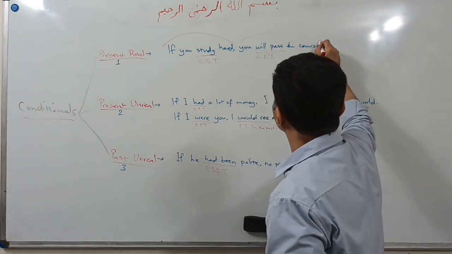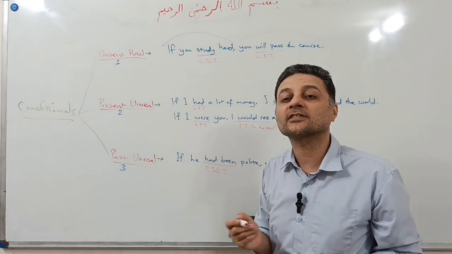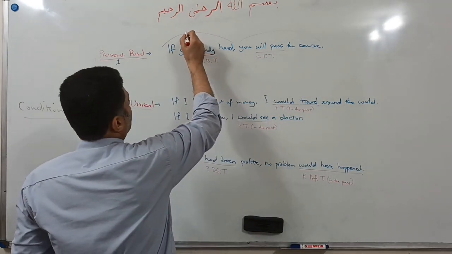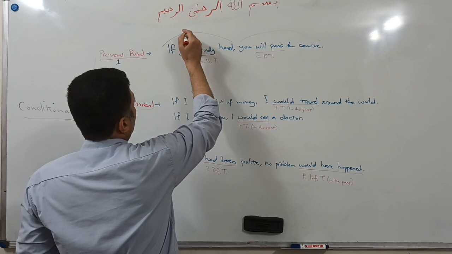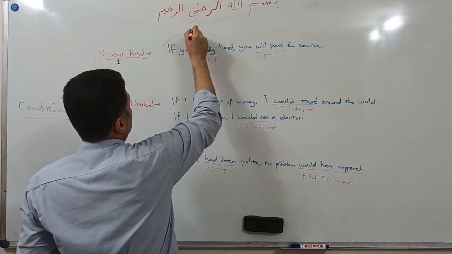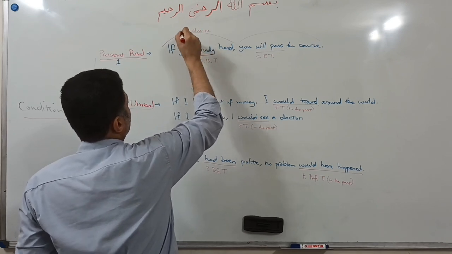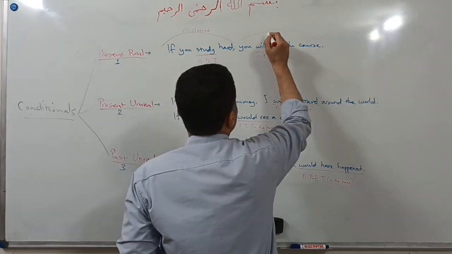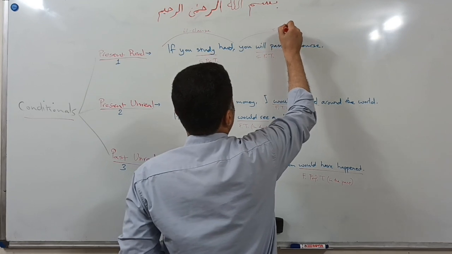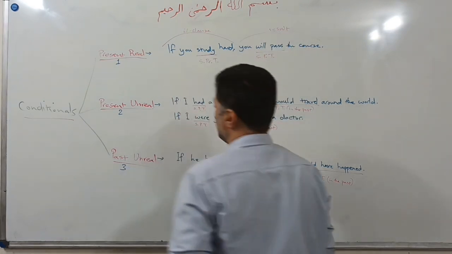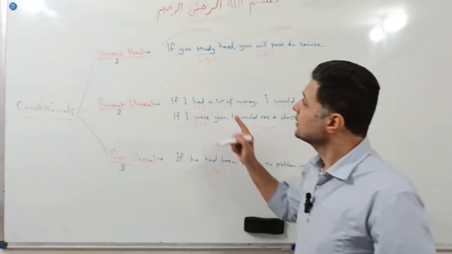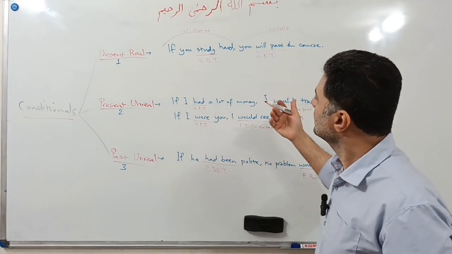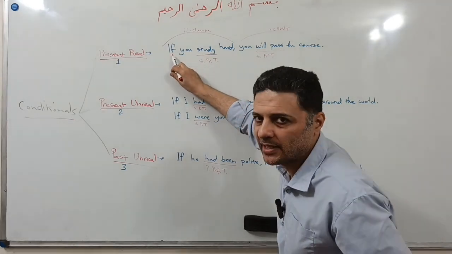And this is the next clause, which we call the result. Sometimes we call it the if clause because this is the clause that includes if. And this is what we call the result. For all of them, it's basically the same thing. So the if clause holds if or begins with if.